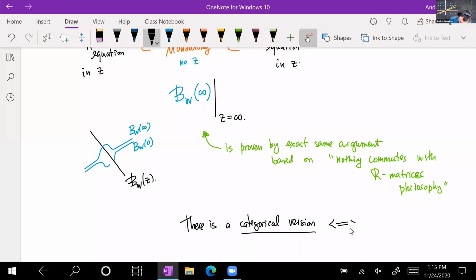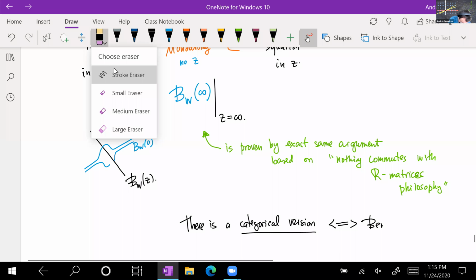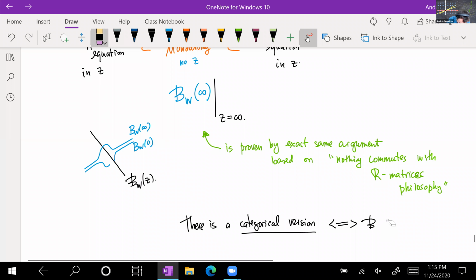And this links with this sort of Bezrukavnikov-Kaledin quantization, which is now a whole different topic, and I don't want to go into that.